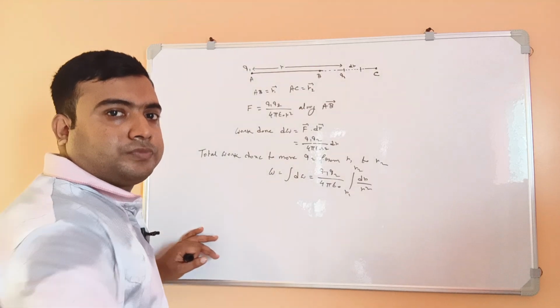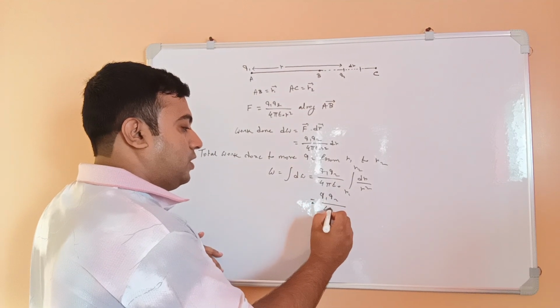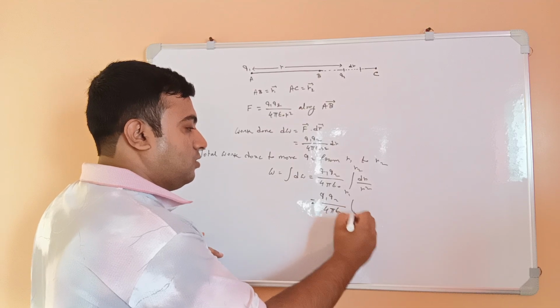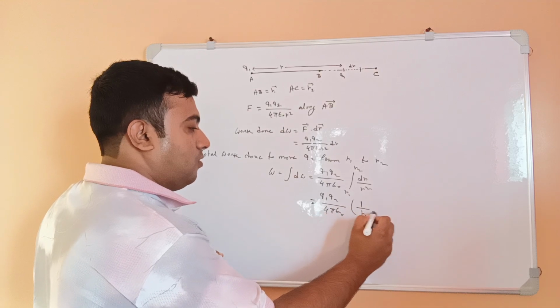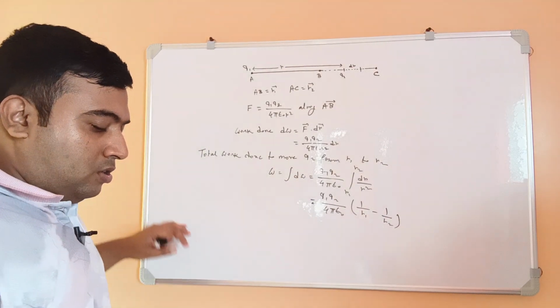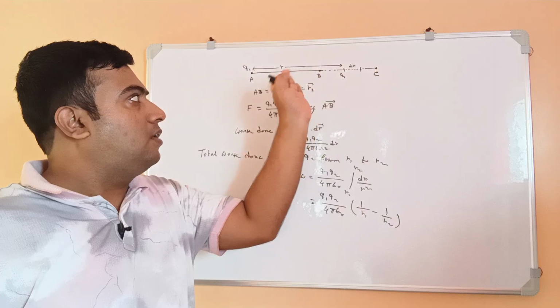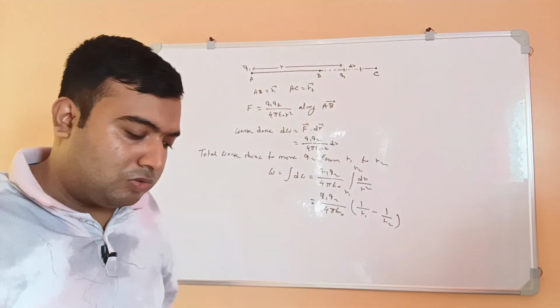So this will become Q1 Q2 by 4 pi epsilon naught into 1 by R1 minus 1 by R2. So this is the work done to move the charge Q2 from R1 to R2.